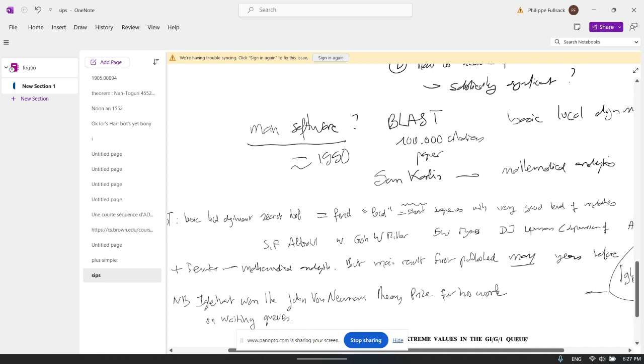The tool was designed to find local or short sequences with a very good level of matches, and that was a move away from a previous approach focused more on global alignment. It was discovered that protein domains, short sequences, can be very significant.